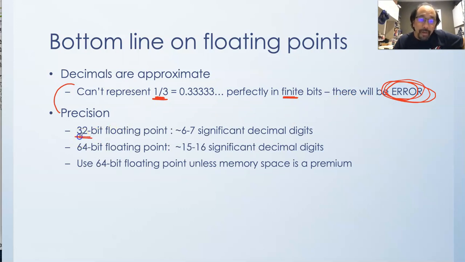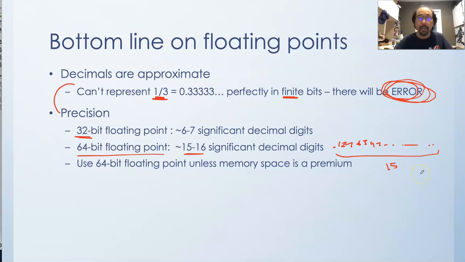Second, precision-wise, a 32-bit floating point gives approximately 6 to 7 significant digits to the right of the decimal point, and with 64 bits, I have even more, like 0.1276397 and so on, up to 15 or 16 digits. So pretty precise. In general, we just use 64-bit floating point unless memory really is at a premium.